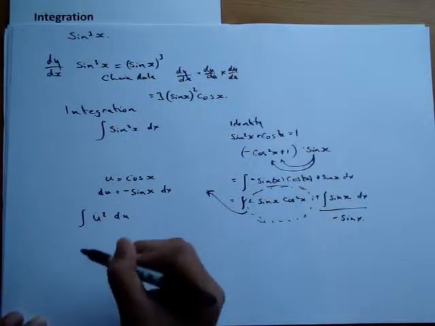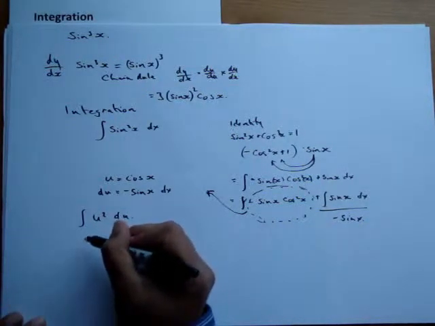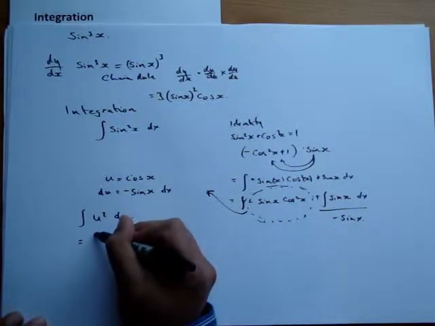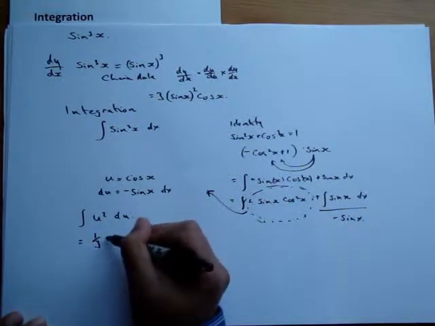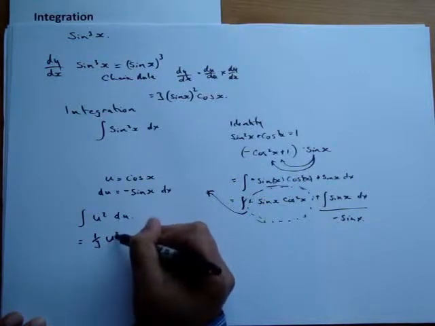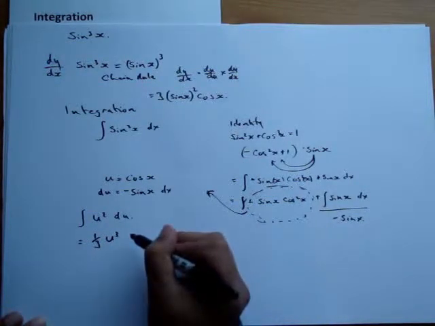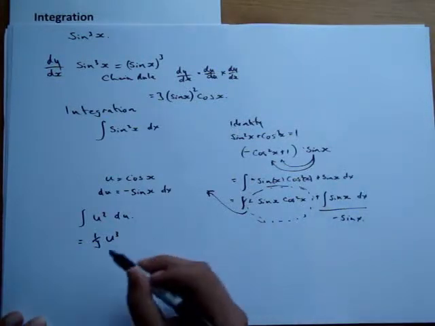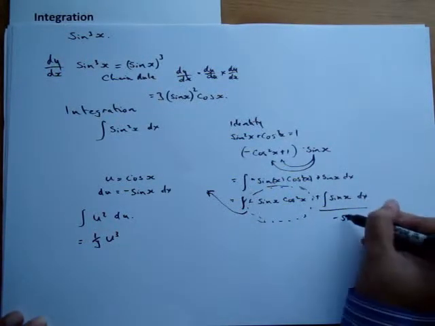And then when we apply our rules of integration, we get 1/3 u to the power 3. And then don't forget our minus cos x from here.